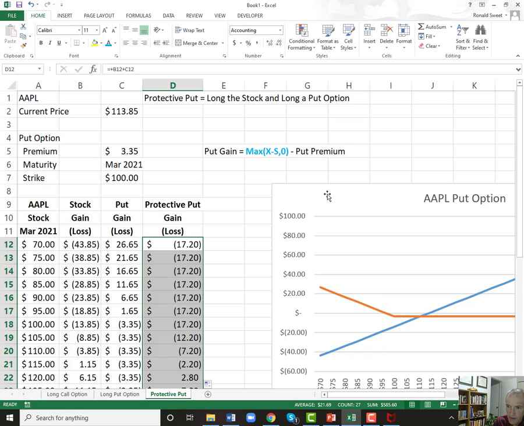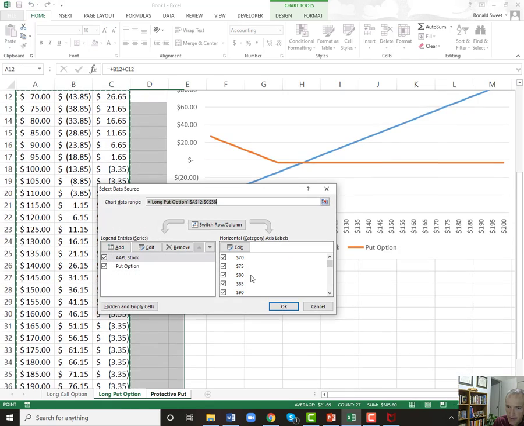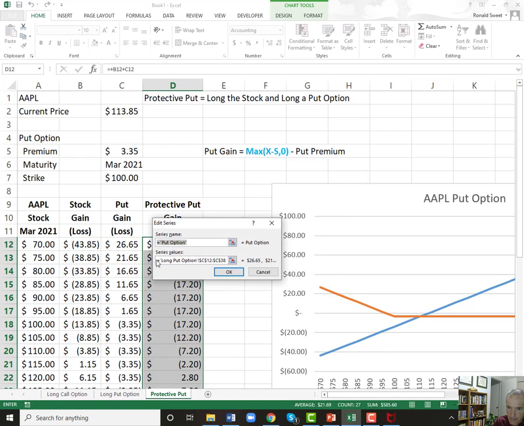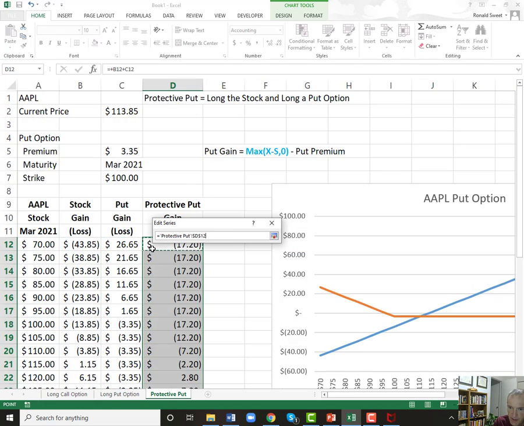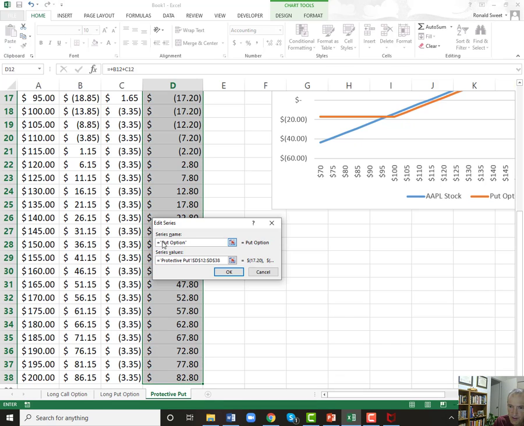And now when we do this one, I can now edit this. Oh, that's strange, really bizarre. It's going back to the other page, so that's what we want there. And this is going to be a protective put.